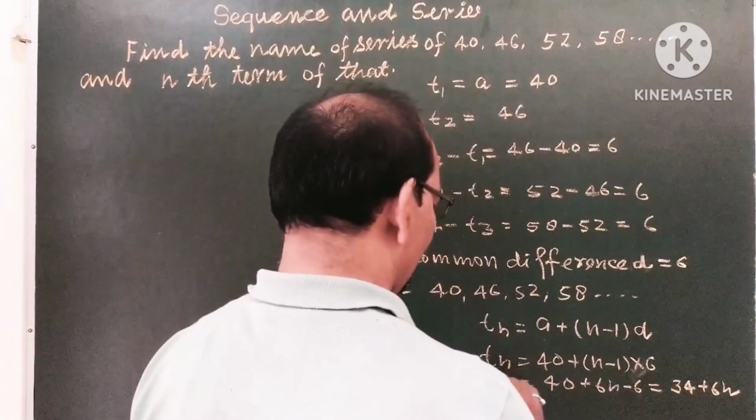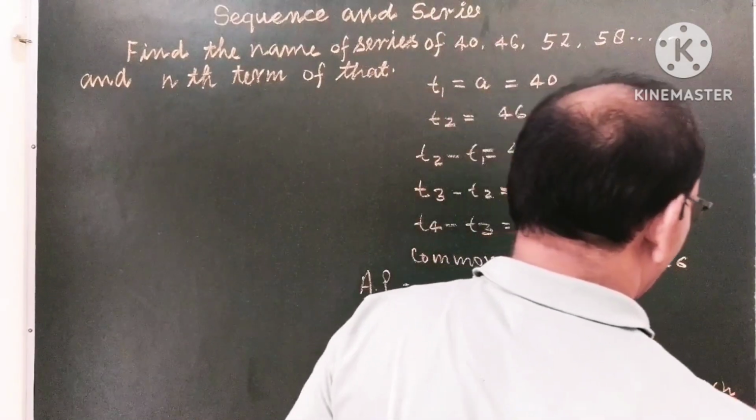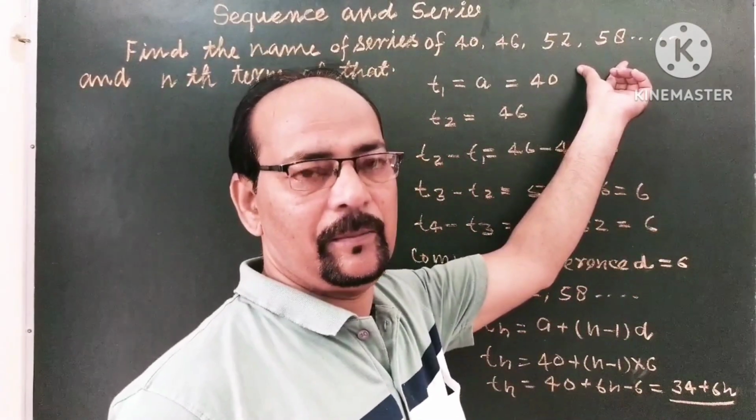Therefore, Tn equal to 34 plus 6n, and this is the nth term of this series.